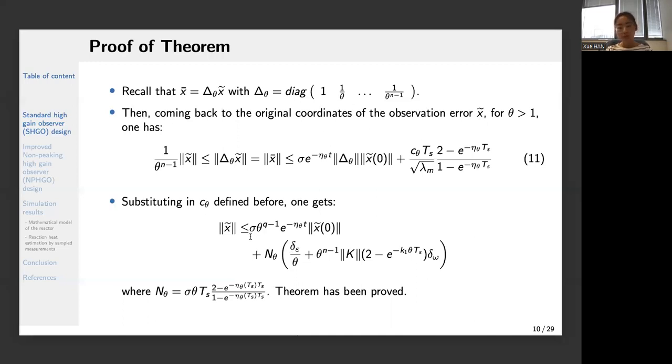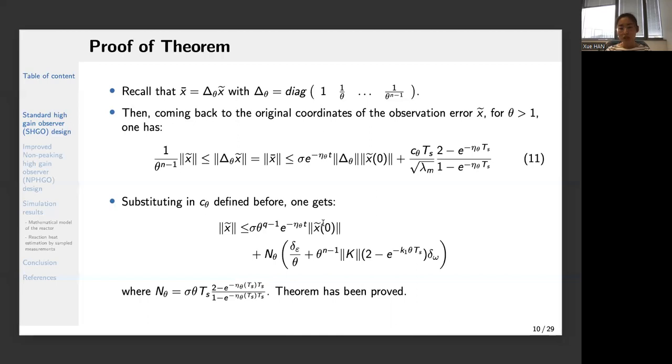But at the same time, a very big theta will cause the peaking phenomenon of the estimation error. That means the estimation error will become very big at the first time, during the transition period. So what we wanted is to eliminate this peaking phenomenon.